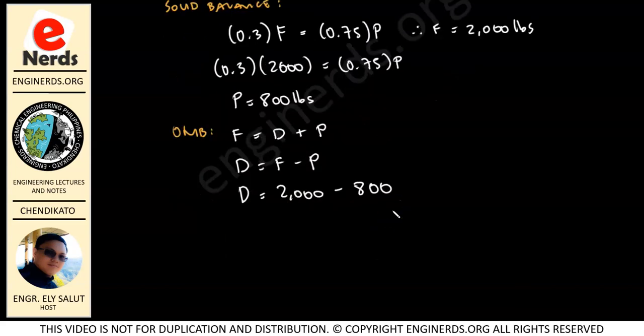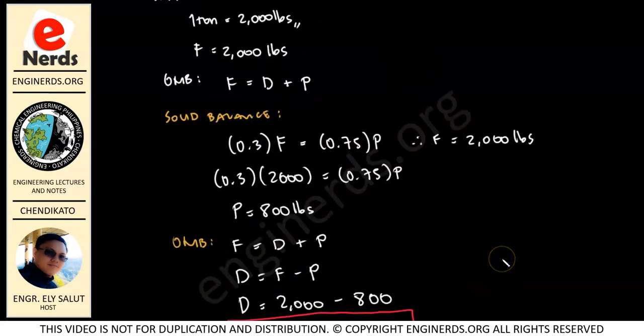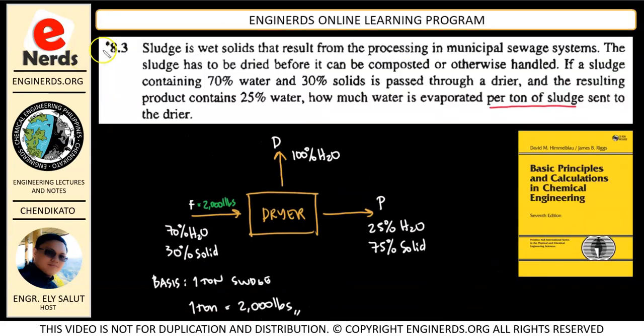Therefore, our D is equal to 2,000 minus 800, which is 1,200 pounds of water. So this is the amount of water evaporated. Okay, so this is our answer to problem 8.3 from Basic Principles and Calculations in Chemical Engineering by Himmelblau and James Riggs.